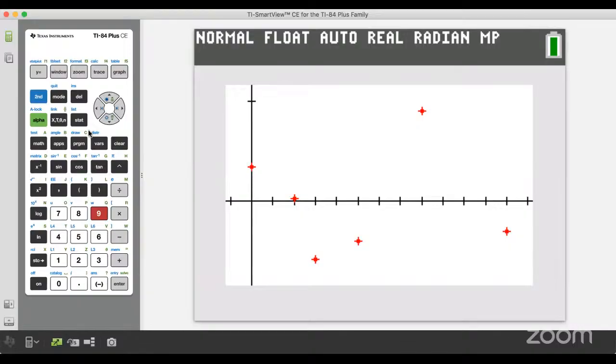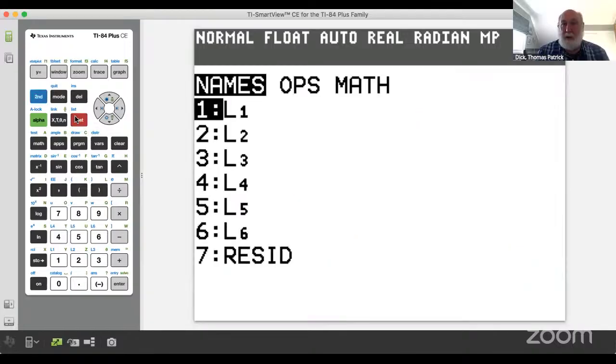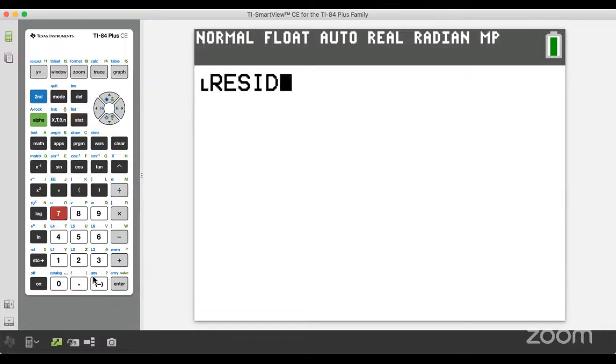And you can access that by pressing second and the list. And list resid is there, number 7. So that list is automatically calculated for you.